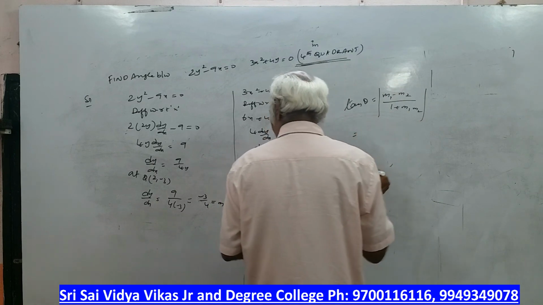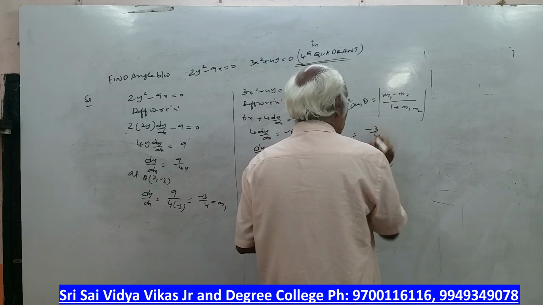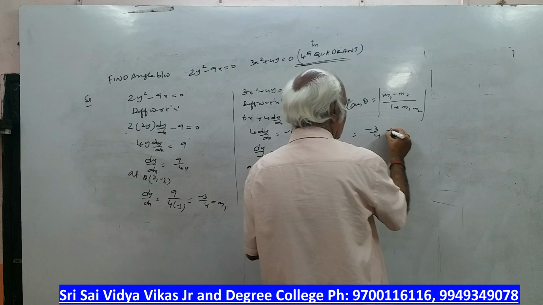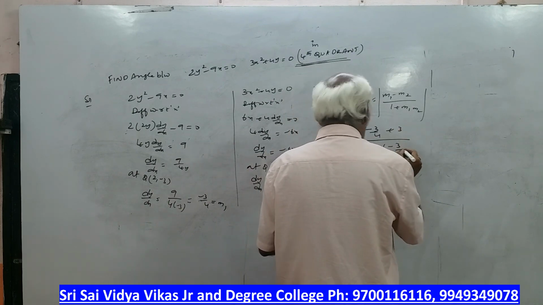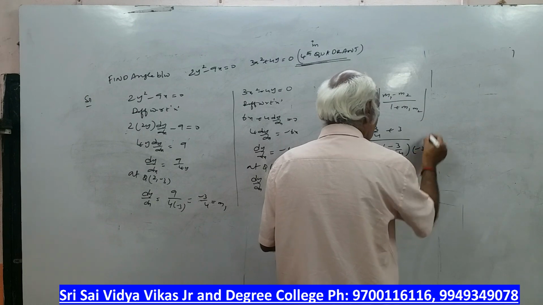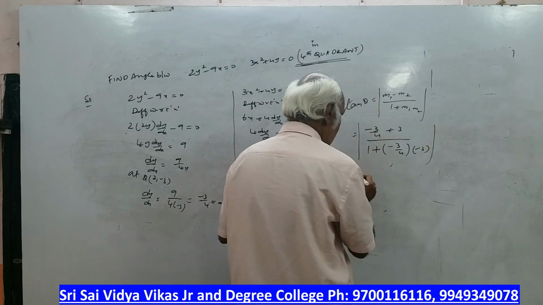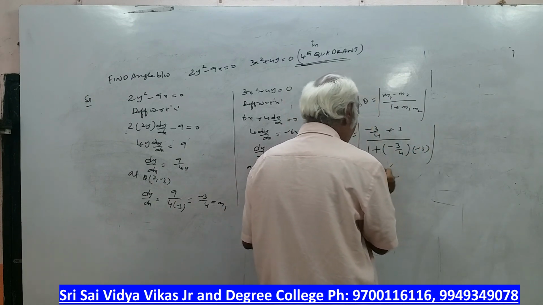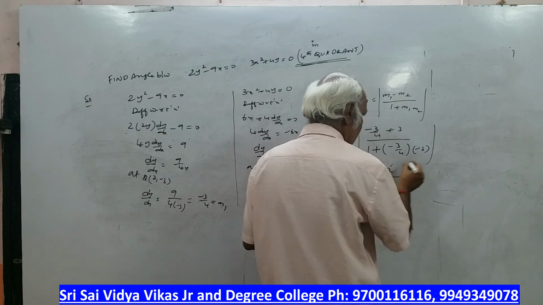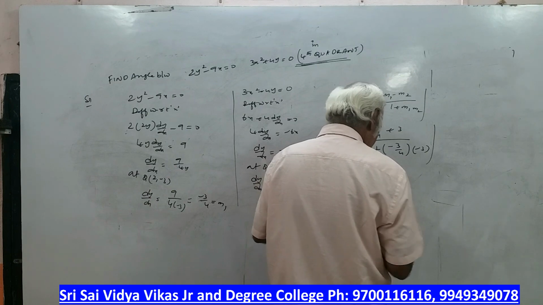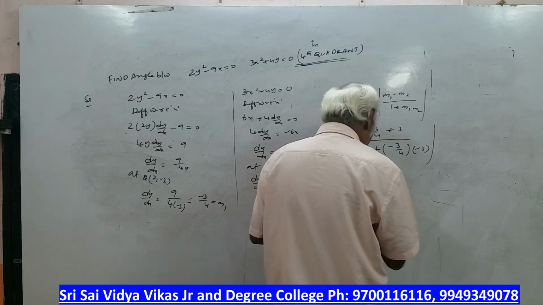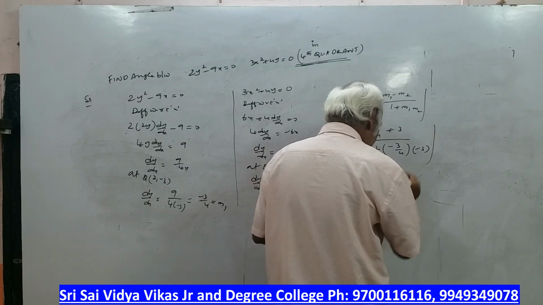What is M1? Minus 3 by 4. M2 is minus 3. So tan theta is equal to modulus of M1 minus M2 by 1 plus M1 M2, minus of minus is plus. So 4 is the LCM, 4 plus 9 by 4 plus 9 by 4.